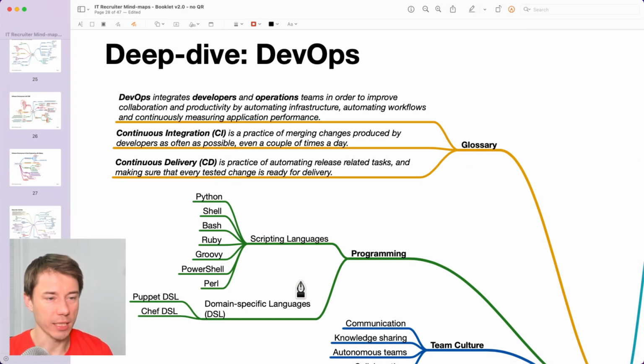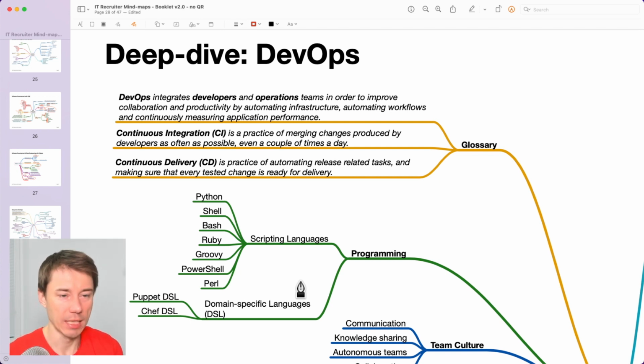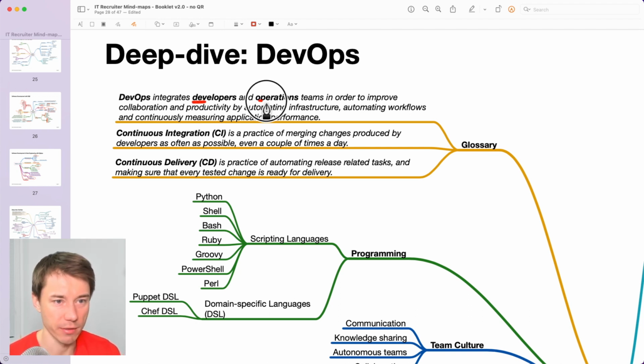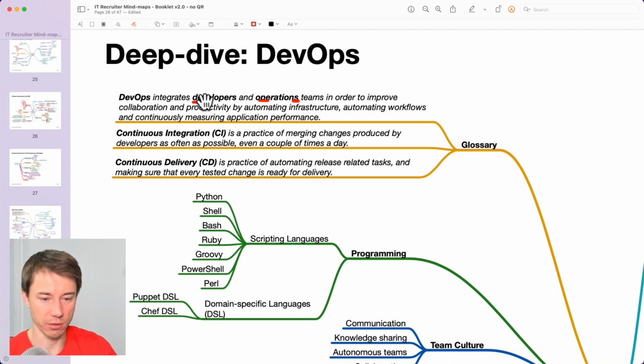So we are now looking at the DevOps mind map, and let me first walk you through some of the essential glossary, the terminology. So what does DevOps really mean? Well, DevOps integrates developers and operations. So by now you can see where the term DevOps comes from. It merges the two words, development and operations.